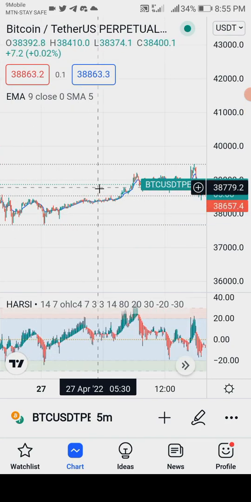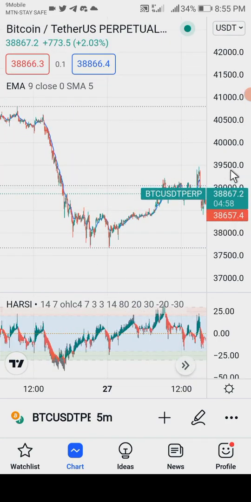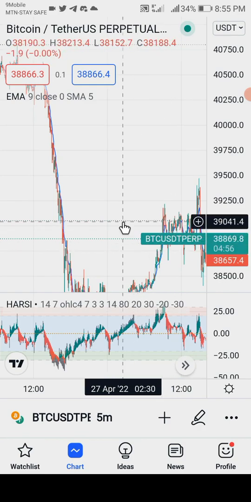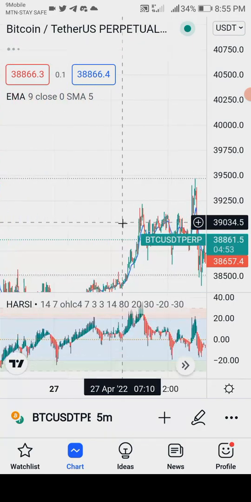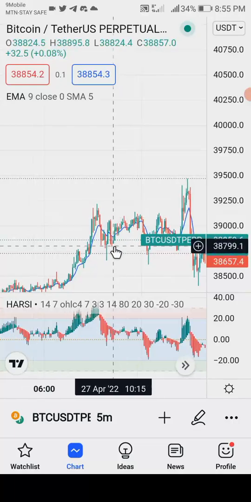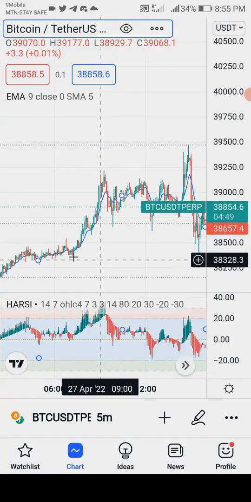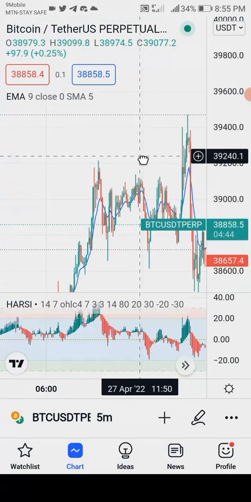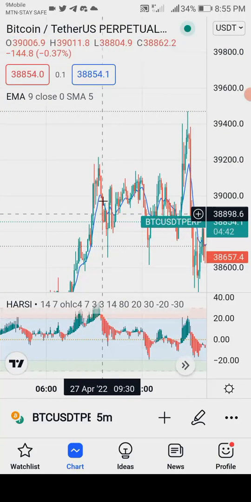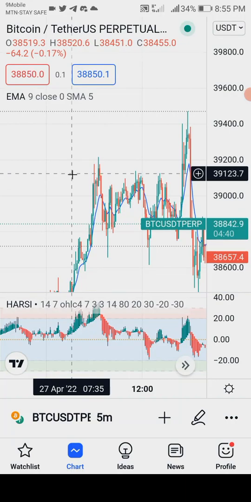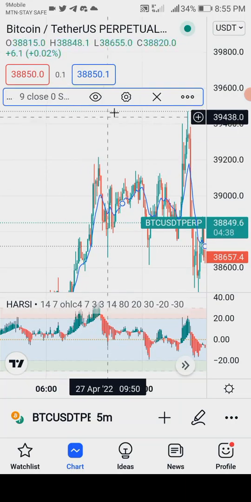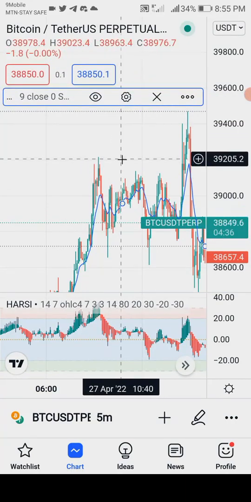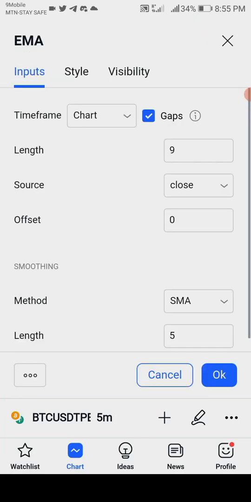You can see there's a blue thin line in between. Let's make it clearer so I can easily see it. So let's do some little settings. Click the indicator up here, so we go to settings, then change the length to 200.